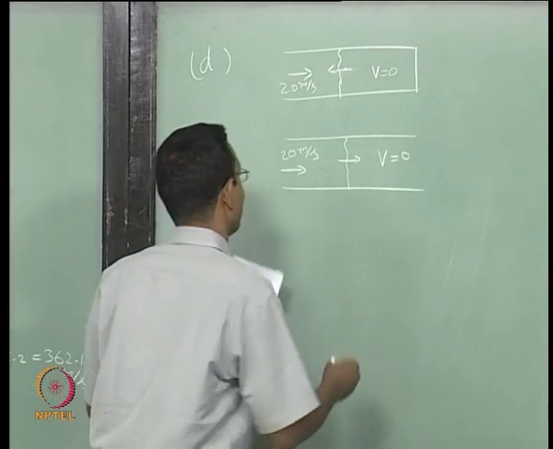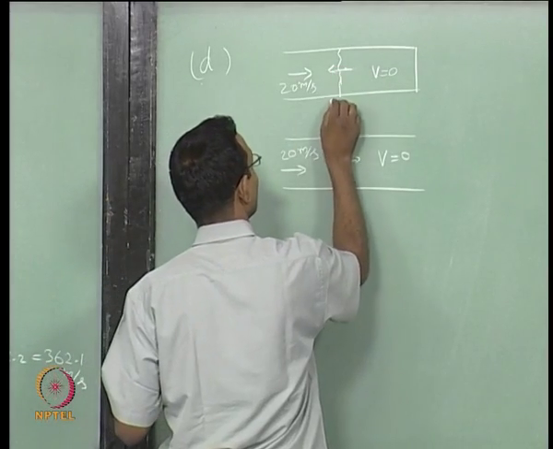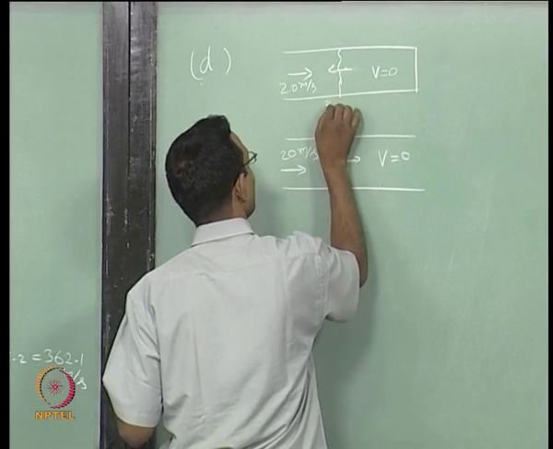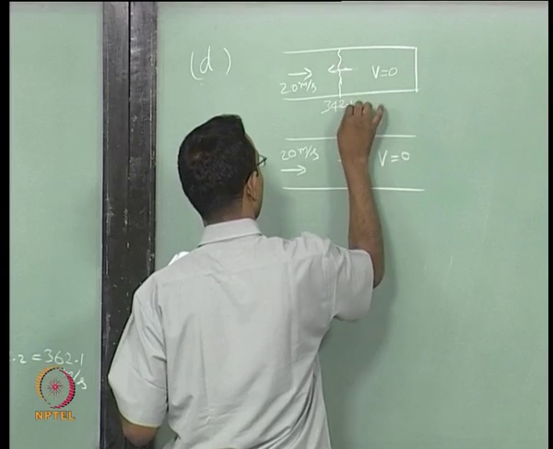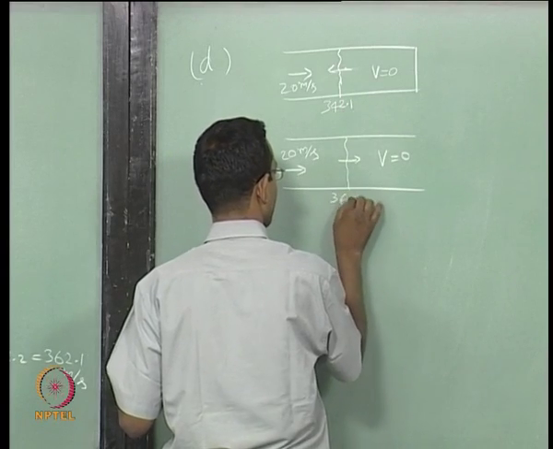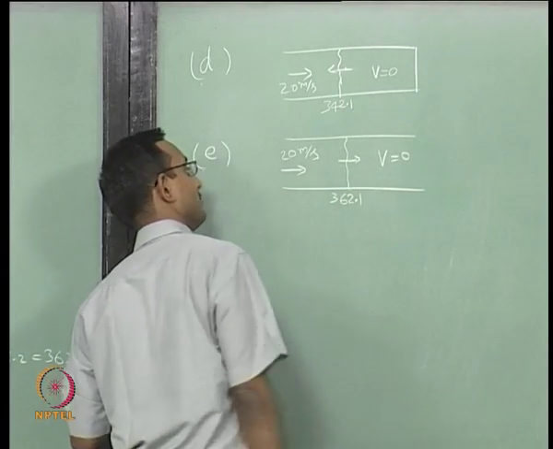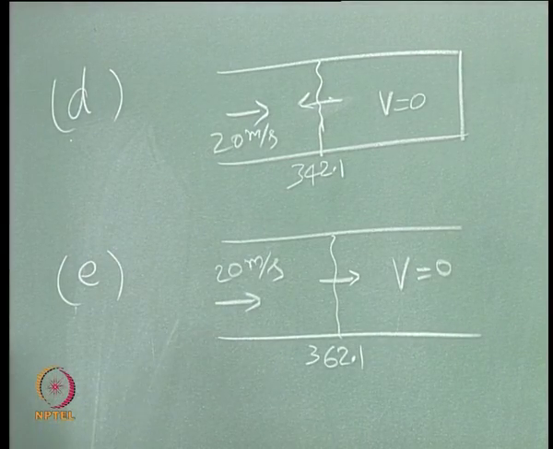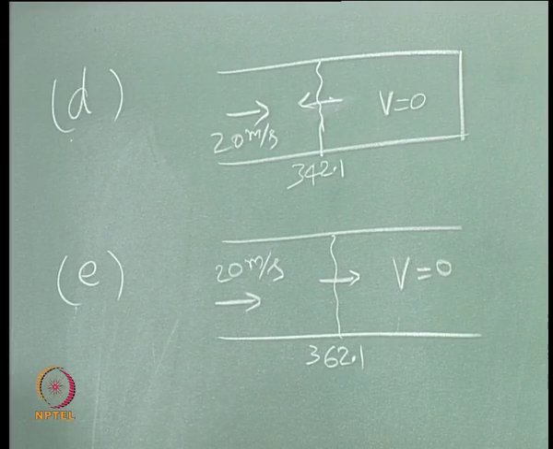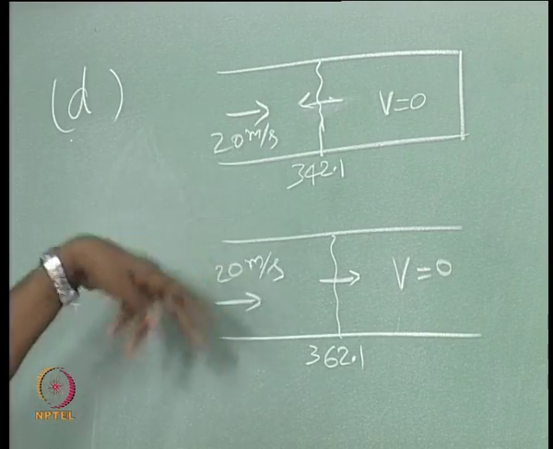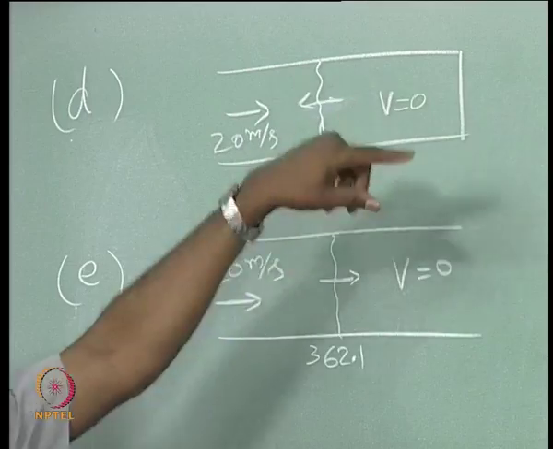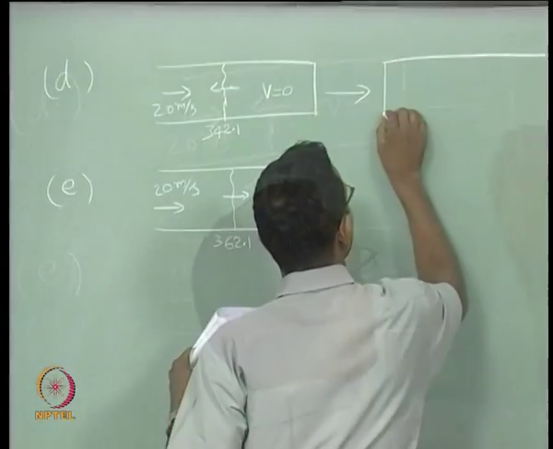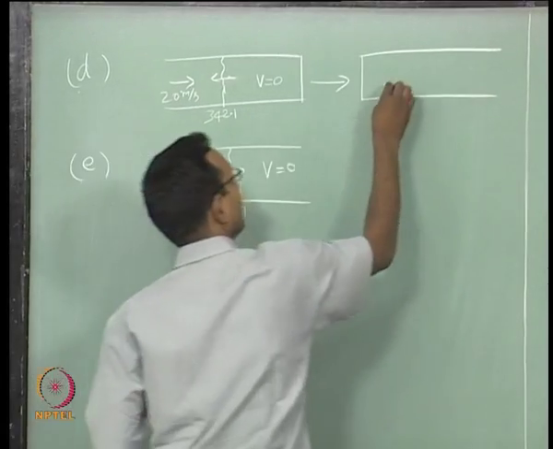That is the only thing I have to see. I will write the velocity values for the speed of shock. For problem D, it was 342.1, and in this problem it is 362.1. Okay. Now, it is very difficult to look at it this way, I will just transform this problem to our way of looking at it. I will transform this to looking from the other side of the board.